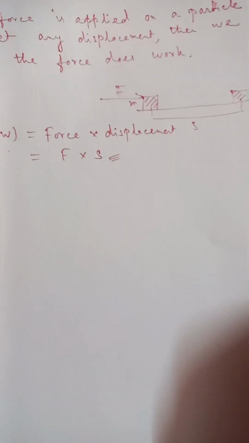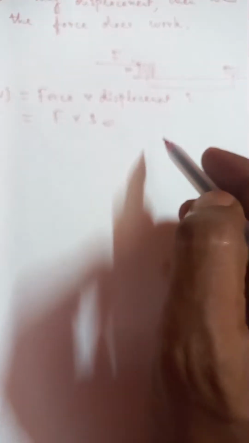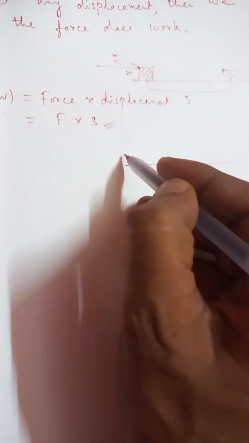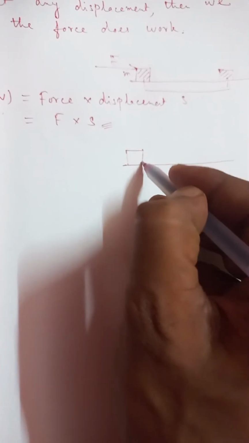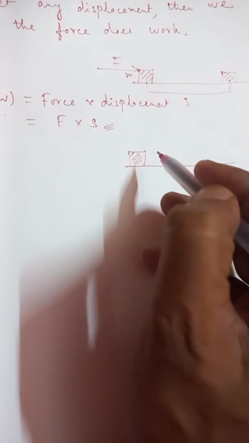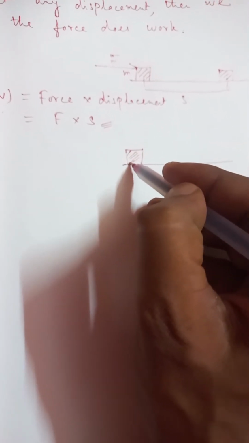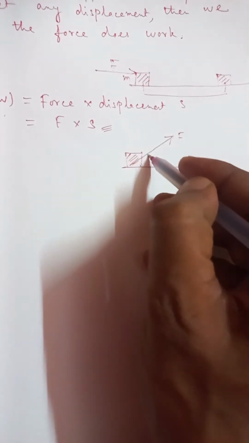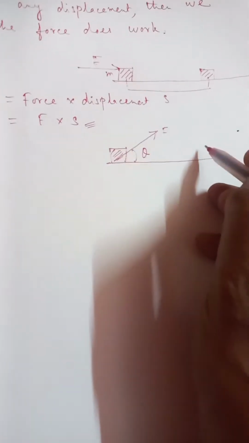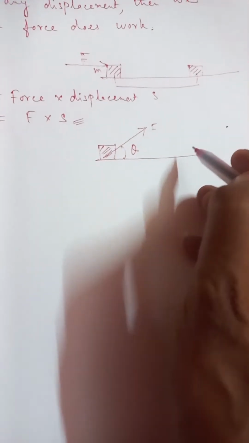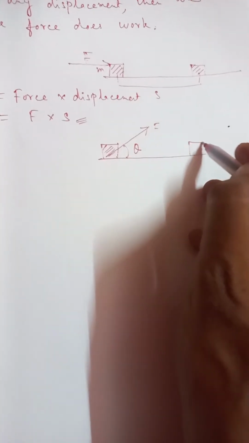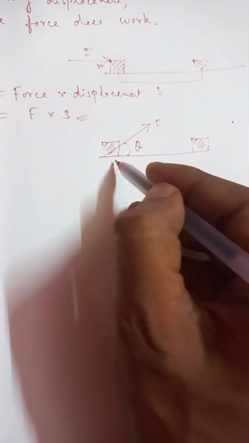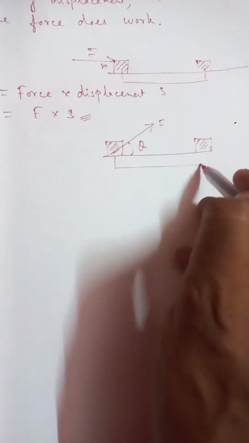Now if the force is applied with an angle theta, then the diagram will change. We are taking now the force applied on the particle with an angle theta, and the displacement is in this direction. Again we take the displacement as S.